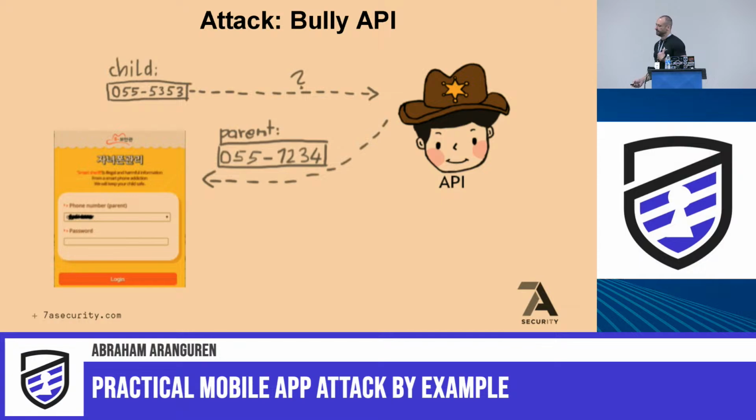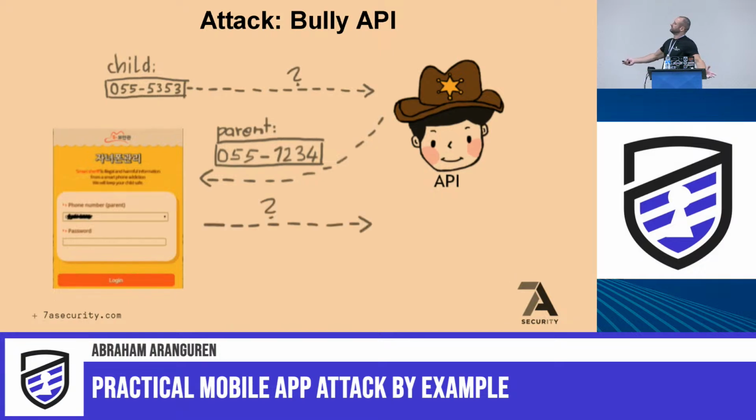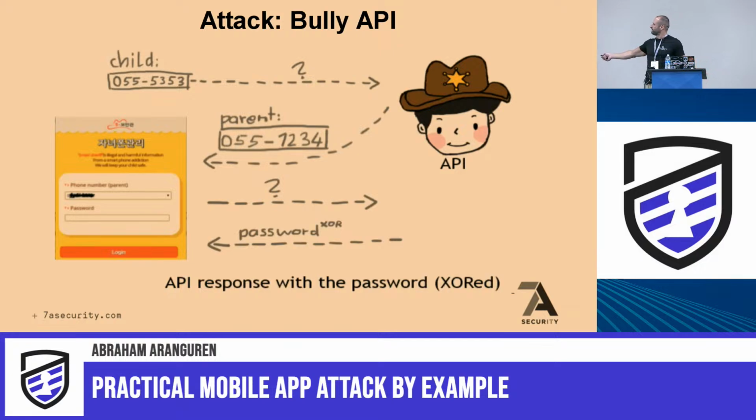So in life, you should always ask questions, right? The worst thing that can happen is that you don't get the answer that you hope for, but when you ask questions, sometimes amazing things happen, right? So you could ask, hey, Smart Sheriff, come on, I'm half there, give me the password. And of course, it gave you the password with the XOR hard-coded key that I talked about before. So you could decrypt it and get the parent password, so you have the parent phone number and the password.